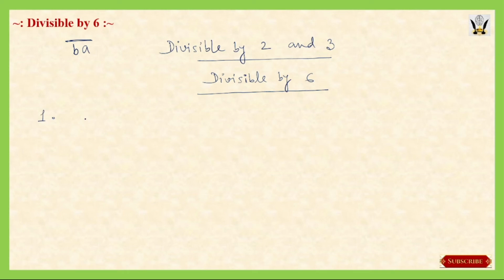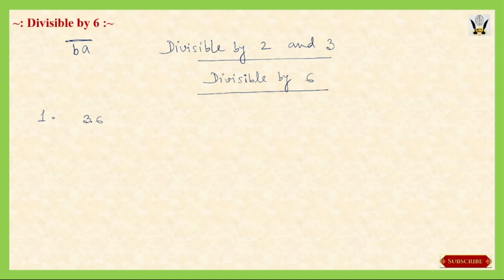Say we have a number 36. So 36 is divisible by 2 because the digit at the units place is 6, which is an even number. And by the logic that we have learned earlier, if the number at the units place is even, then the whole number is divisible by 2. That means 36 is divisible by 2.